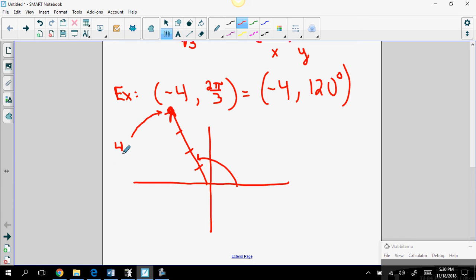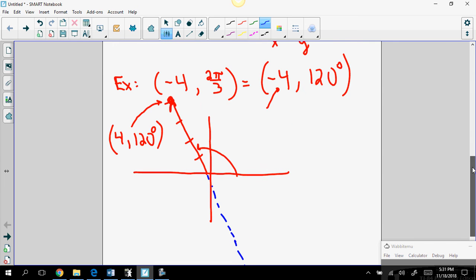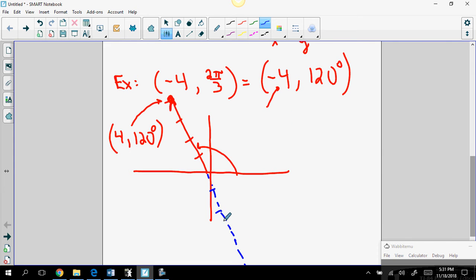That's actually 4 comma 120. Turn and burn 120, measure 4. If you want to do a negative radius, you turn and burn 120, and then you pull the opposite direction. So you go 1, 2, 3, 4.